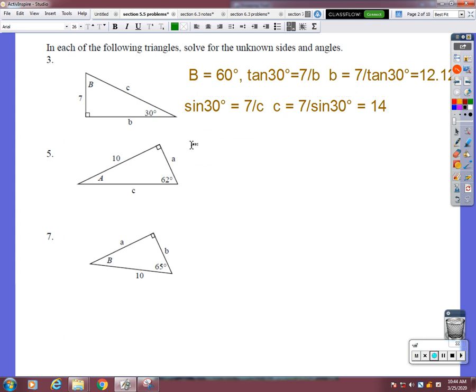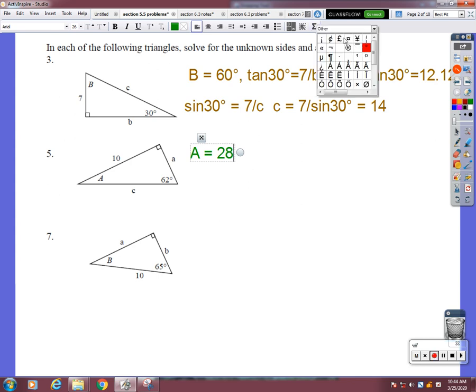Alright, so look at number 5. Again, angle A is easy because you know these two things are going to add up to 90 degrees. So angle A is 28 degrees.